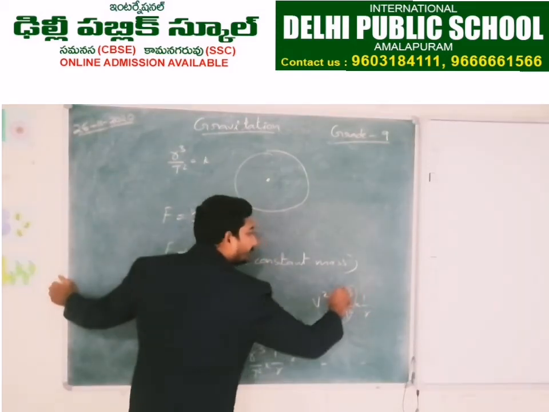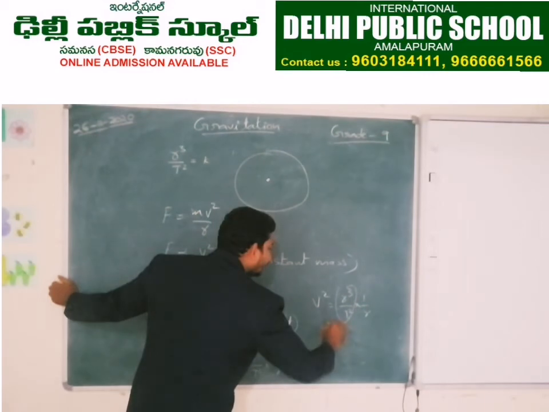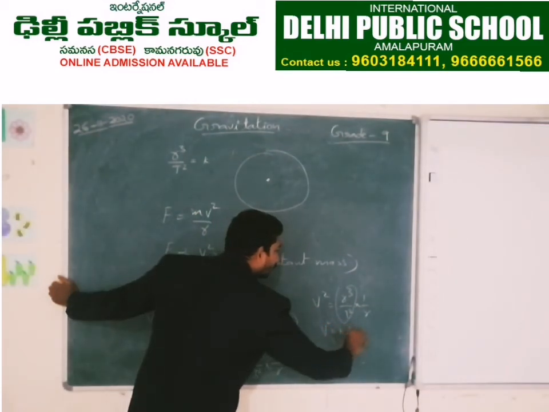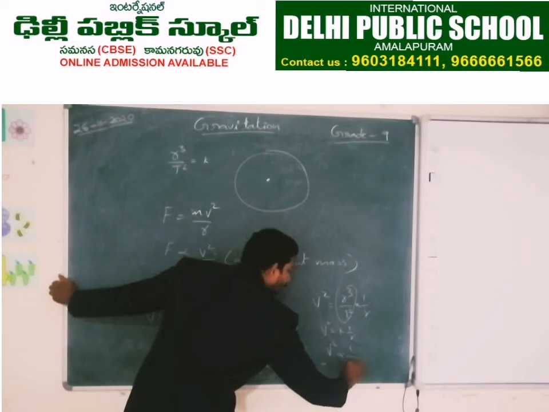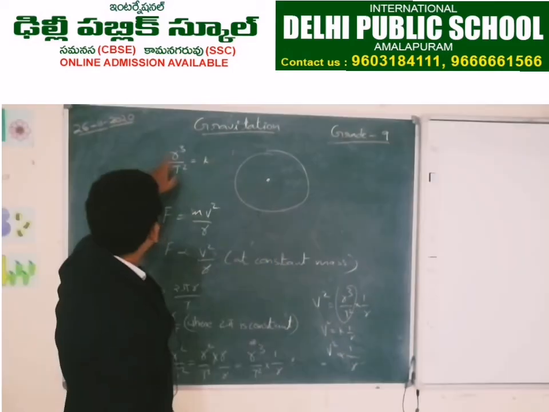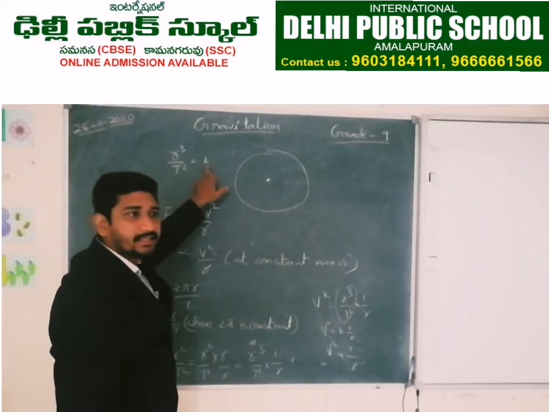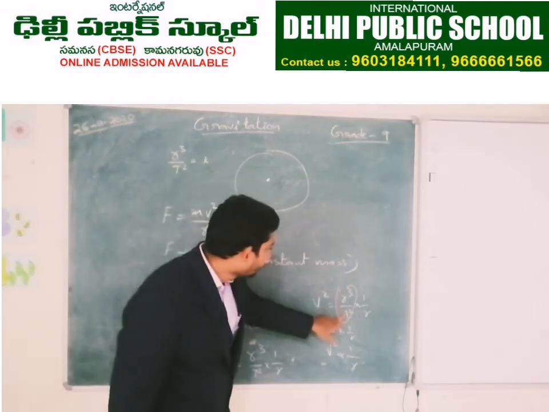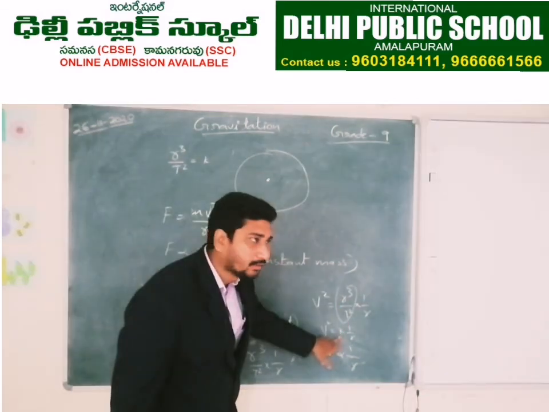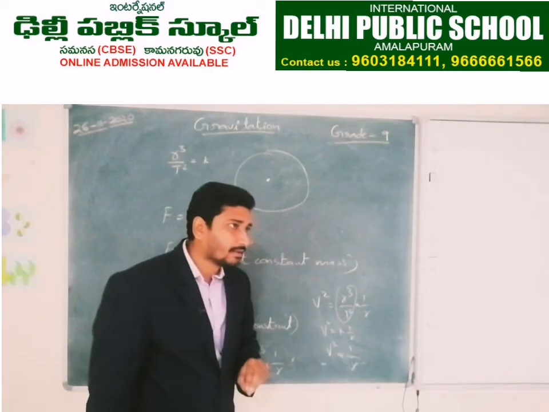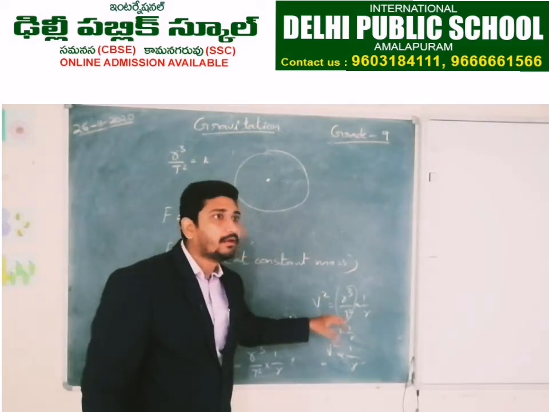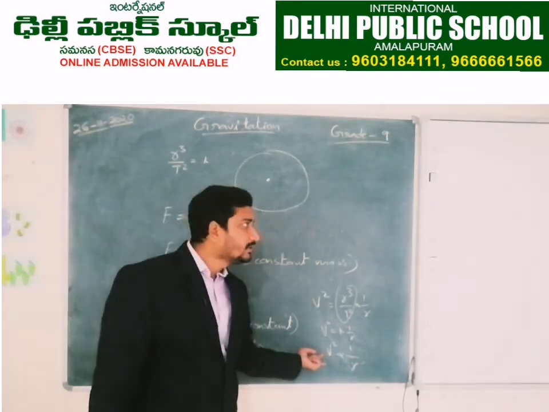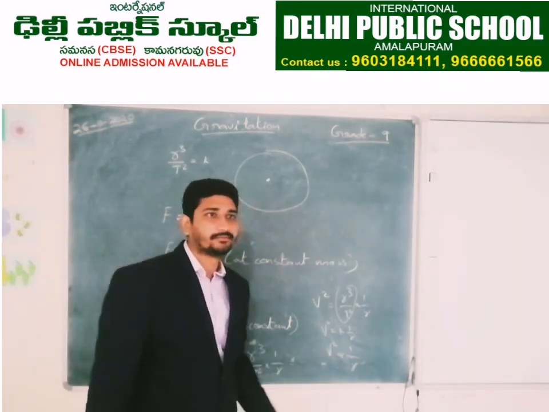We know that this is constant. So v² = K into 1/r. r³/t² is constant K. So I removed this K. Yes, we got the proportional symbol. v² ∝ 1/r.